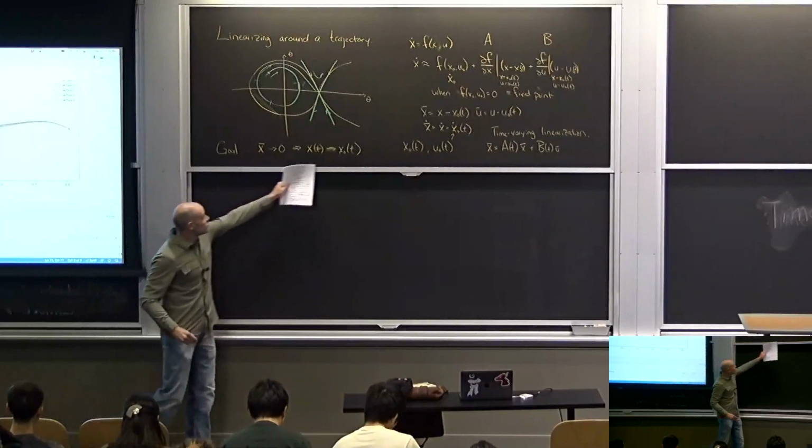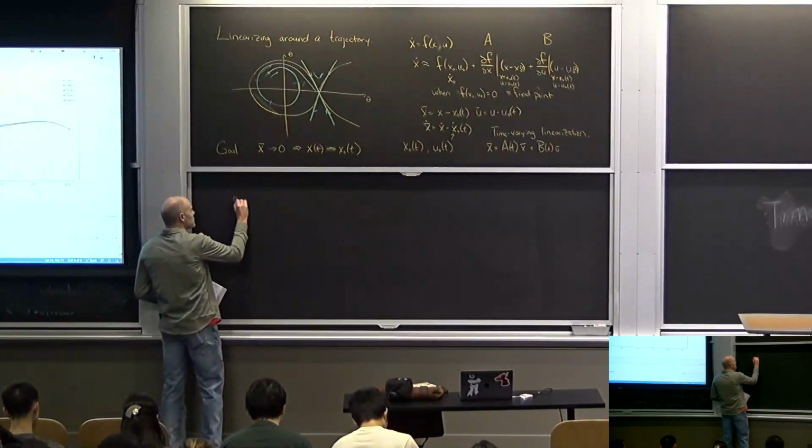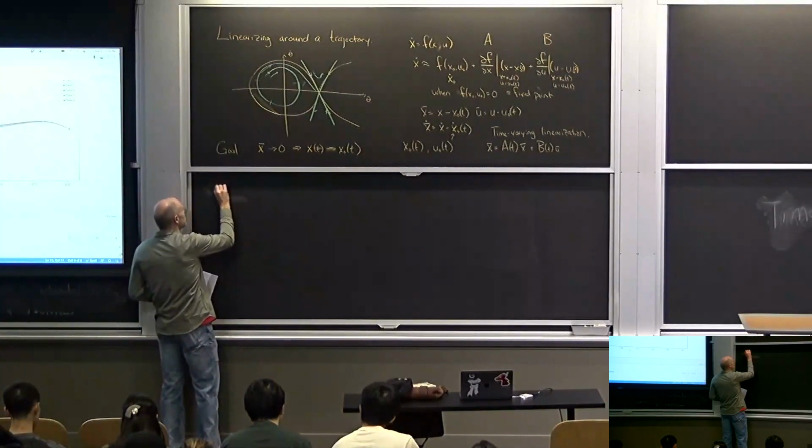So if our goal is to make the error dynamics go to 0, then we can write almost the same optimization. This is now, well, let me just say the time-varying LQR first.